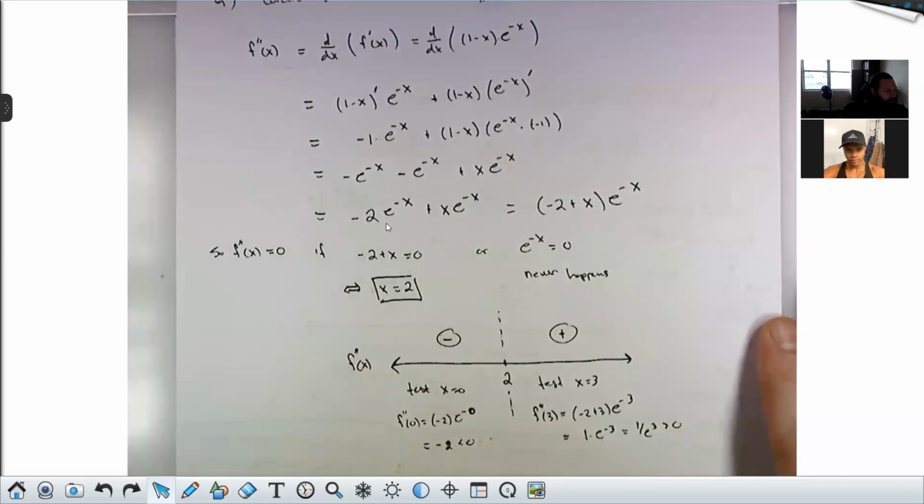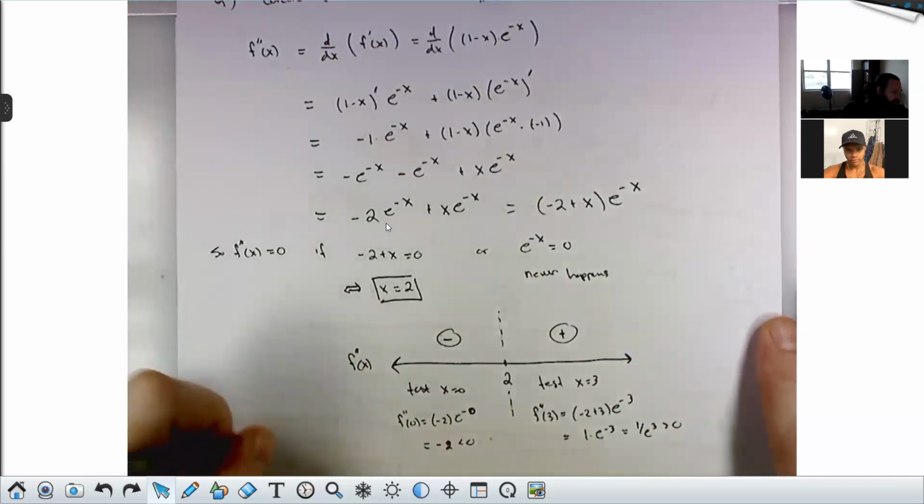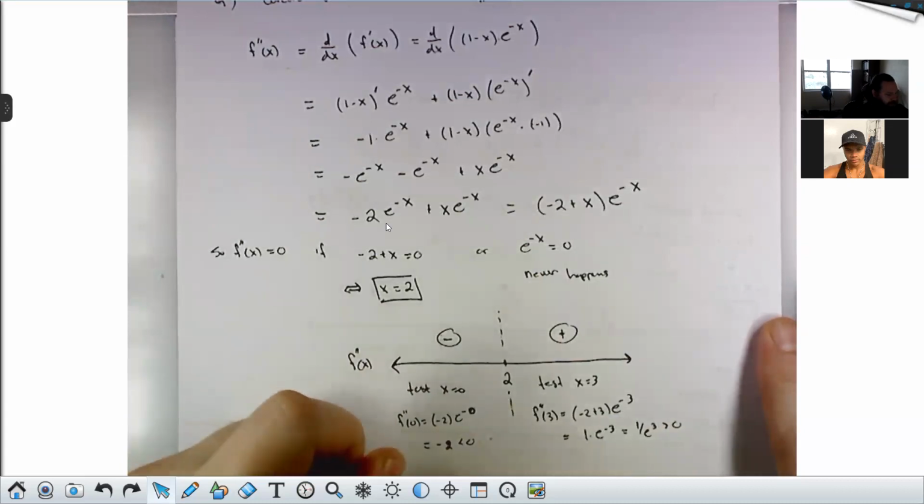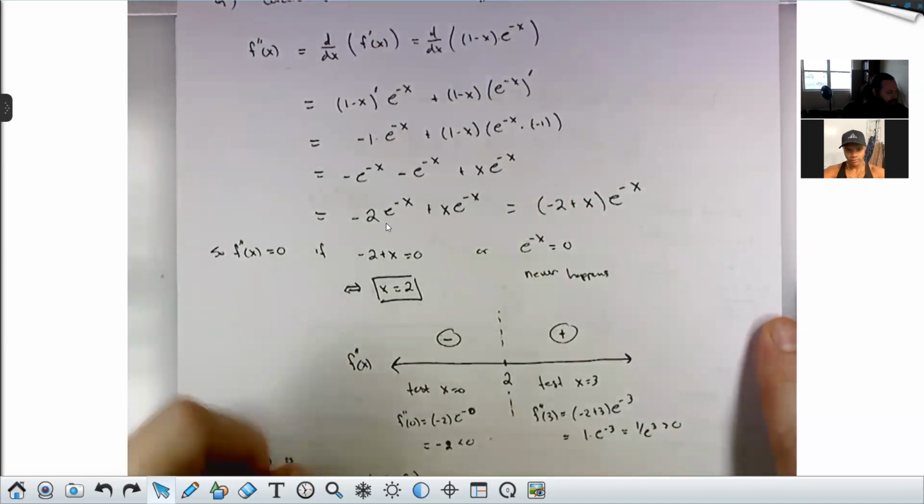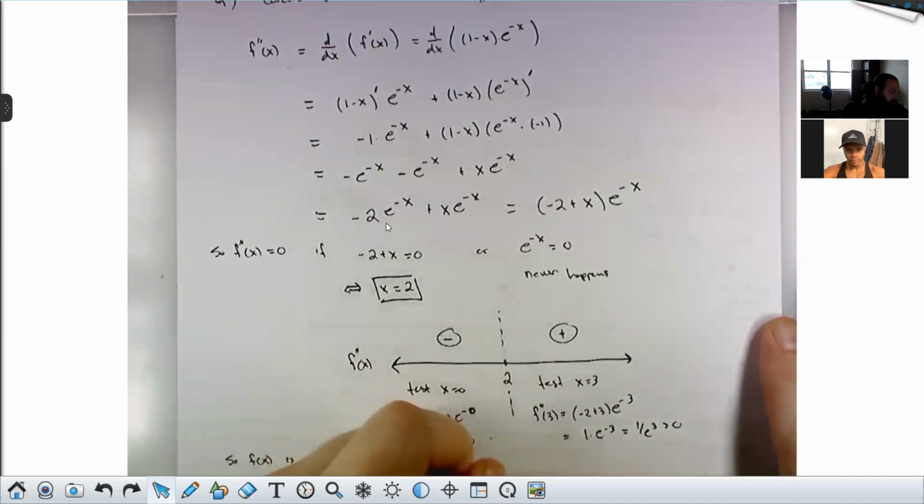So I am concave down. F of x is concave down on the interval negative infinity up to 2 and concave up on the interval 2 to infinity. And we have an inflection point at x equals 2, right? That's where the concavity changes.